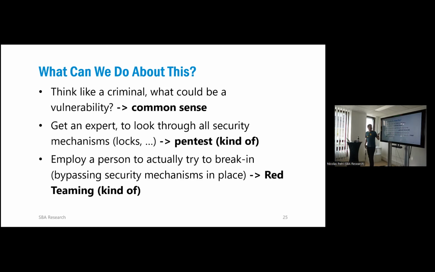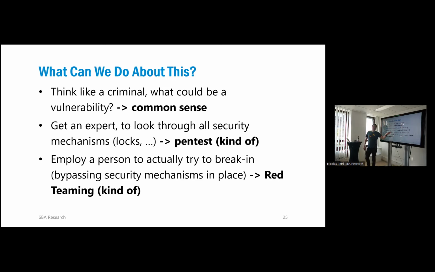You guessed that there's a mapping. The first one is kind of common sense, just thinking like a criminal: what could go wrong, what could I improve? Then this is kind of a penetration test. We get an expert, we give them a key, we go with them maybe through the apartment, they check the windows, they check the doors, they check the safe, whatever, and look through all this, and they write a report, and we get that.